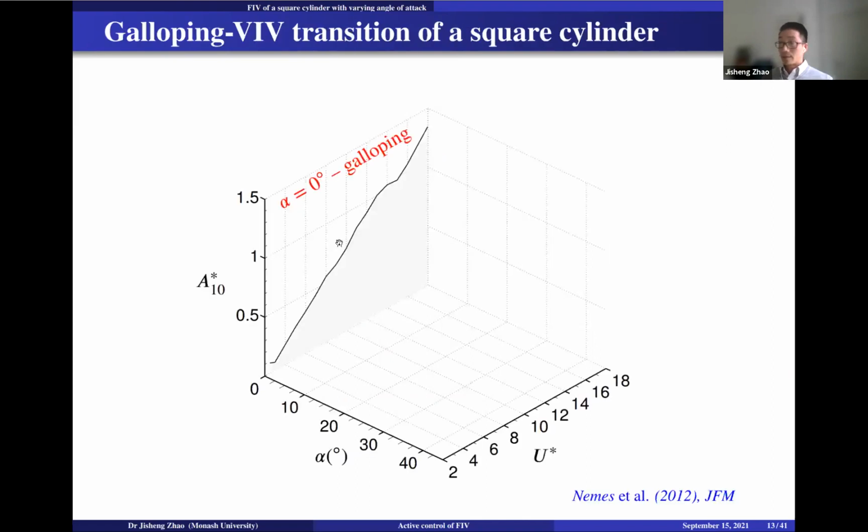As you can see here, at zero degree angle of attack, we can see a typical response of galloping. You can see that the amplitude increases in a kind of linear change with U star. If you pay a little attention to the amplitude magnitude, you can see it's more than 1.